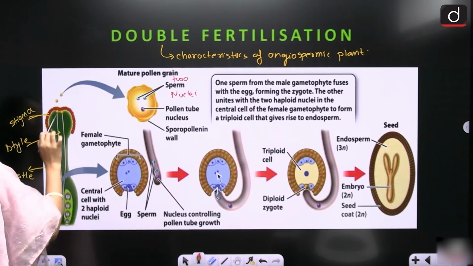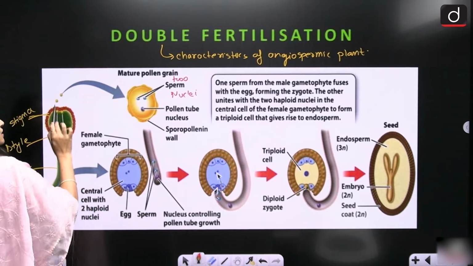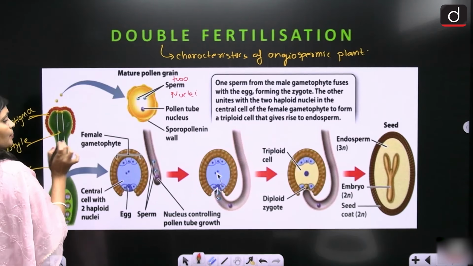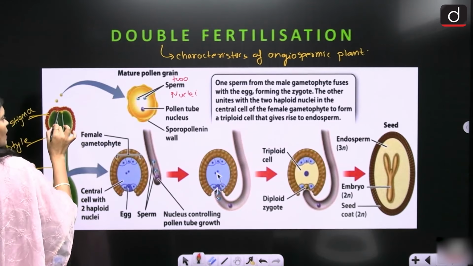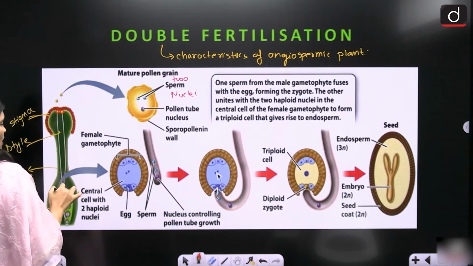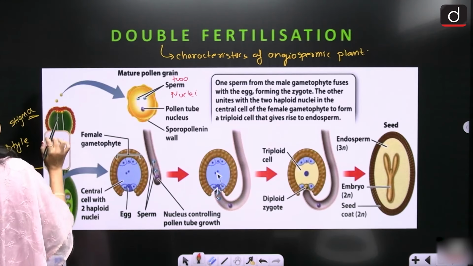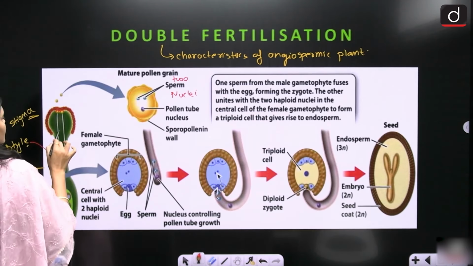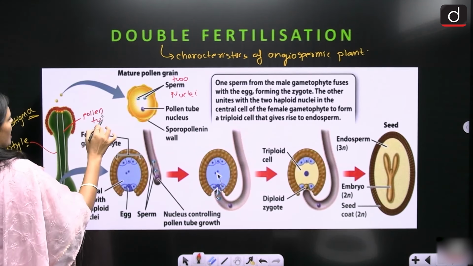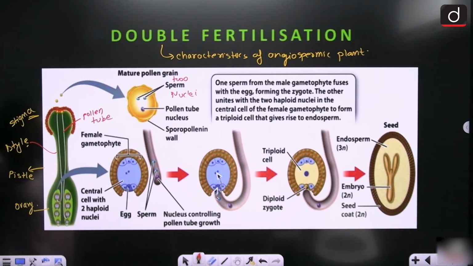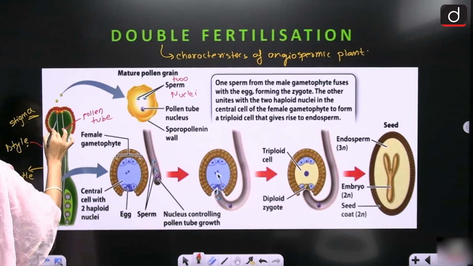So now what happened? This pollen grain reaches the stigma and sticks to the stigma. Now the pollen grain started forming a tube, the pollen tube. This is the style.